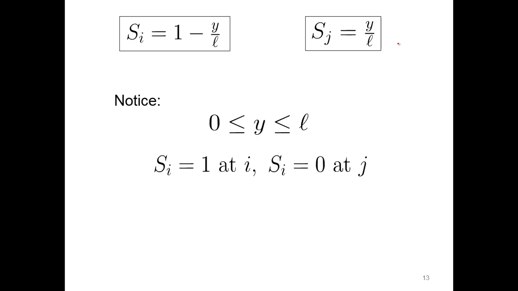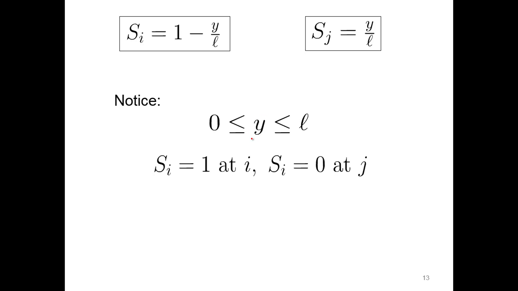Also see that when we're at node i, y is equal to 0. If we plug in 0 here, we get 1 minus 0, and that just gives us 1. So the shape function for node i is 1 at node i, and 0 at node j. If we plug in y equal to L up here, we get 1 minus L over L, that's 1 minus 1, which is 0.